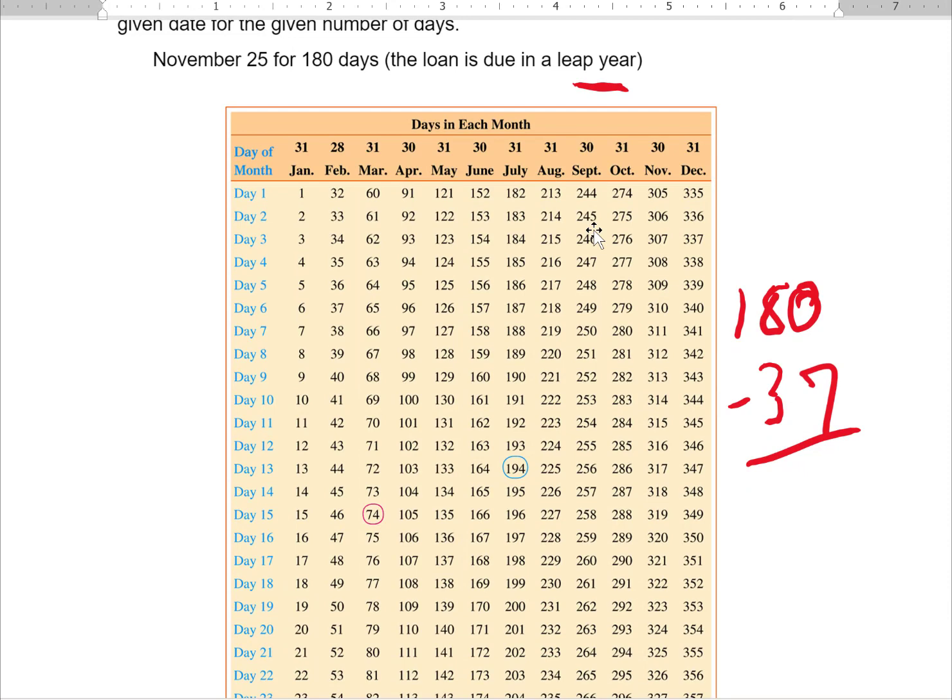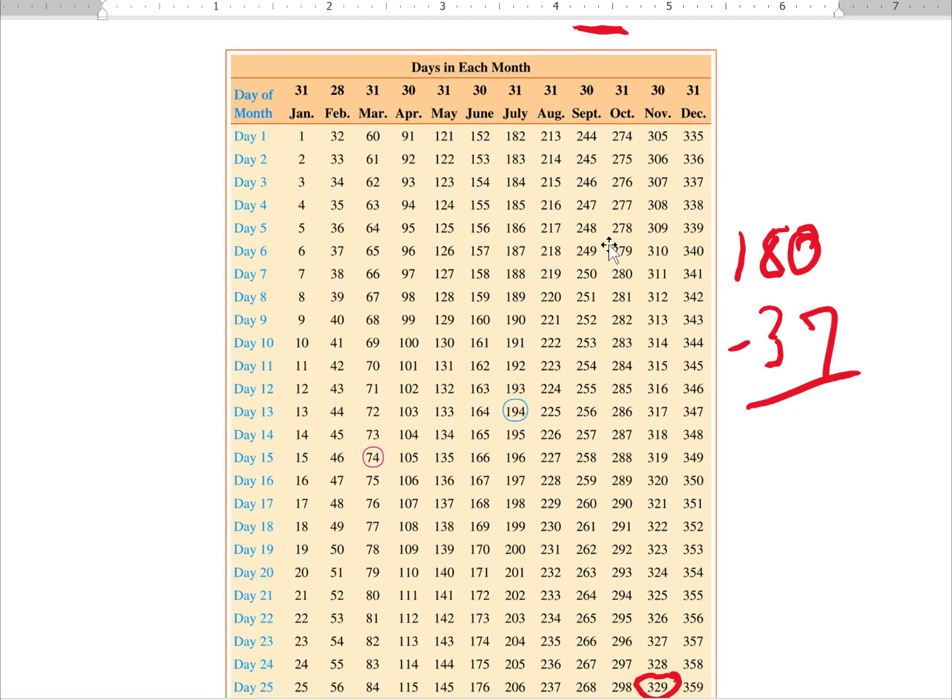And if I look on my chart here, 143 days is going to be right here at May. Sorry, let me use my eraser and try to get this a little bit neater. It's going to be May 23rd.